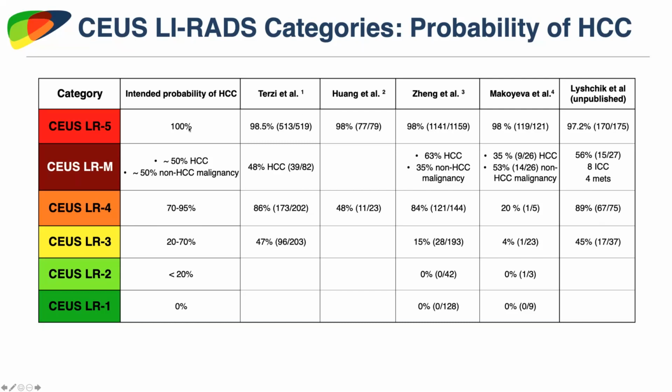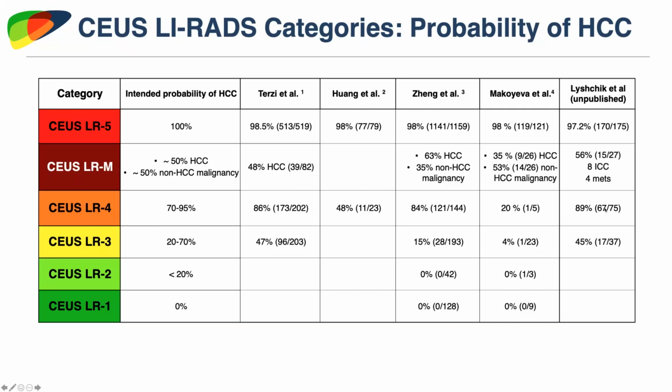And the LR5 category, as you can see across all these studies, is about 97 to 98%, and this is equivalent to CT or MRI, actually equivalent to MRI and better than CT. LRM, there's some variability, but again, about half of LRM observations turn out to be HCCs, and the non-HCC malignancies are caught in this category.